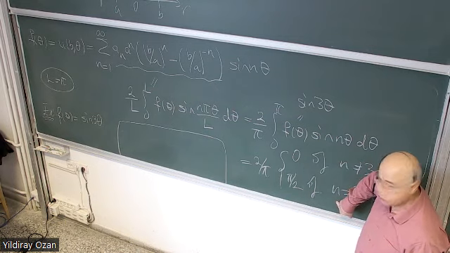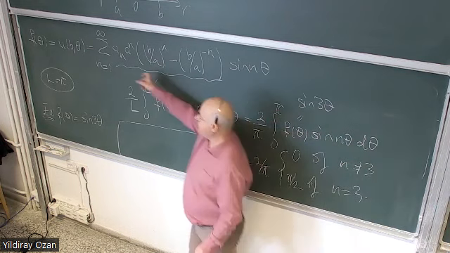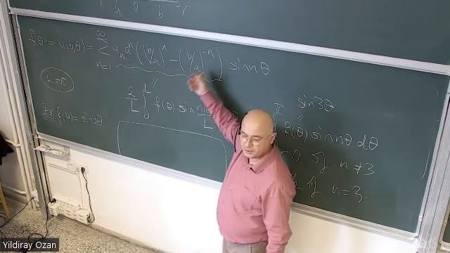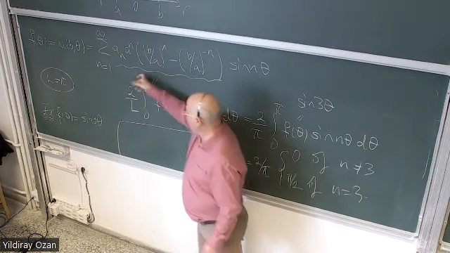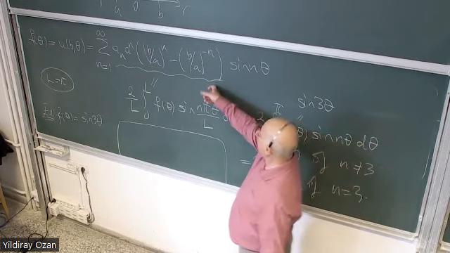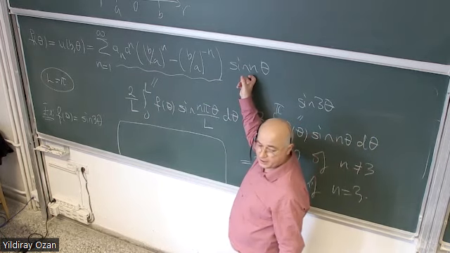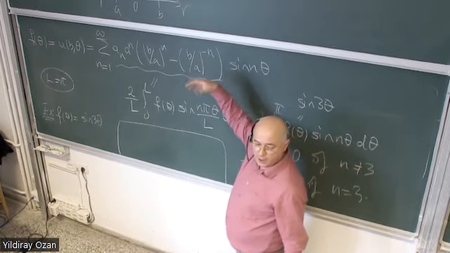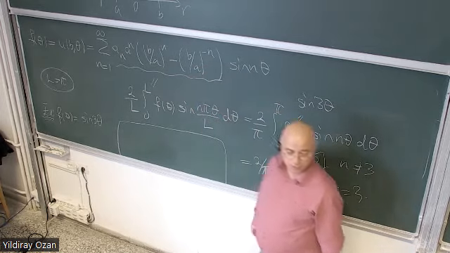N eşittir 3'te 1. Dolayısıyla bu katsayı 1 yani. N eşittir 3 için. Tamam mı? So this whole coefficient is equal to 1. That's why I have 1 times sine 3 theta. And for n different than 3, it is just 0.